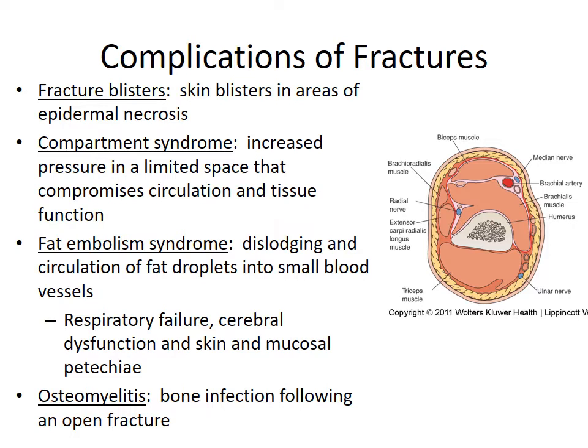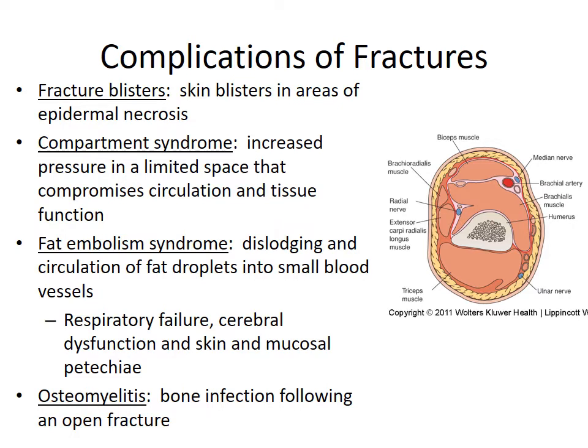Another complication is something called compartment syndrome. If you look at the cross section, we have a bone here and we've got several muscles, we've got nerves coming through here, we've got blood vessels, arteries and veins. We have a lot of things going on, and then we have connective tissue and skin surrounding it. Now the connective tissue around it, the fascia, can be kind of tight.